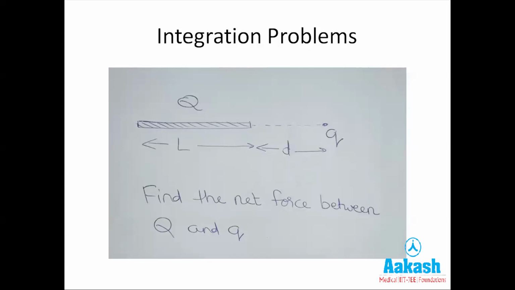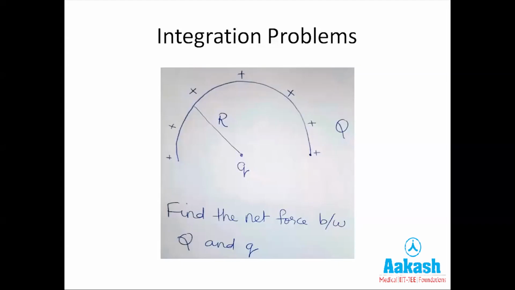Many students, while solving this, try to apply the concept of center of mass, but that concept gives the wrong answer here. Instead, we have to integrate. So we take a very small element dq of the rod and find the force dF between q and dq, and then we integrate this small component to find the net force.